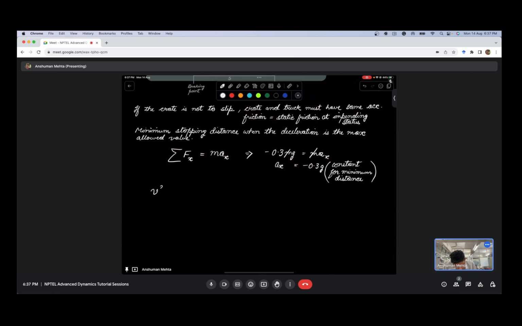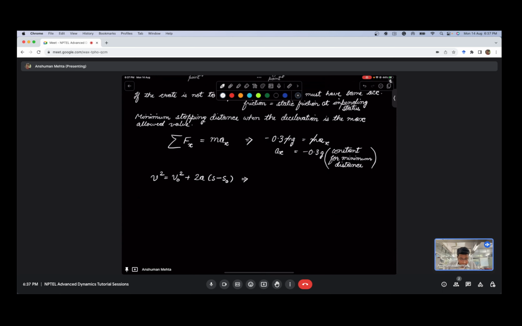Now using v square is equal to v naught square plus 2a into s minus s naught, we get 0 is equal to 70 square, 70 into 10 by 36 since it's in kilometer per hour, plus 2 into minus 0.3 g into s.